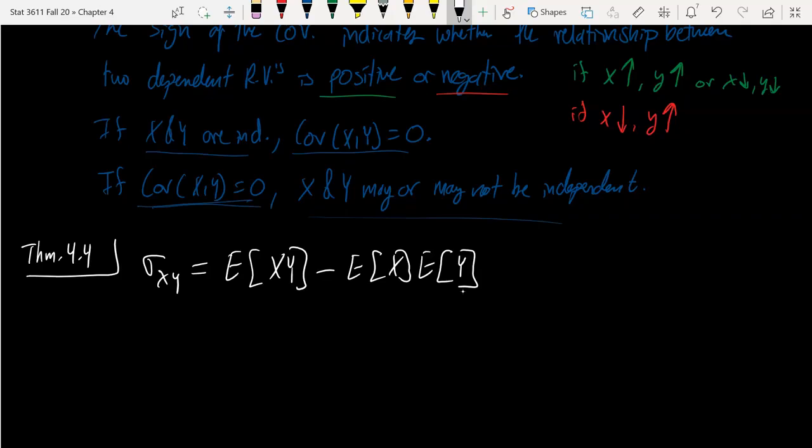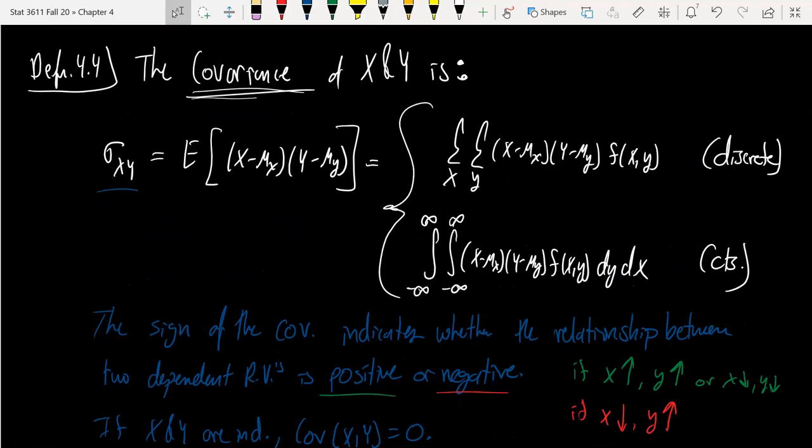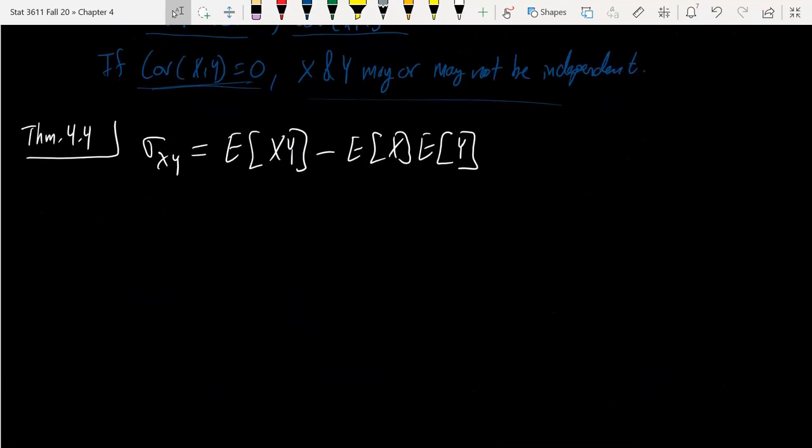Again, this is usually how we'll compute it, but I don't like to open with this theorem because it doesn't really provide insight as to what we're measuring, whereas the original definition really helps provide the intuition on what the covariance is actually computing. But in practice, we'll compute it this way.